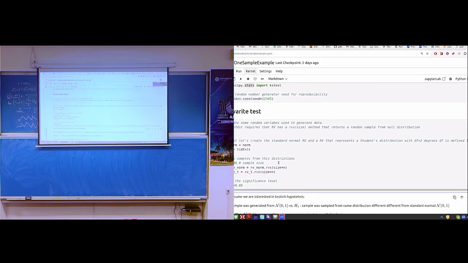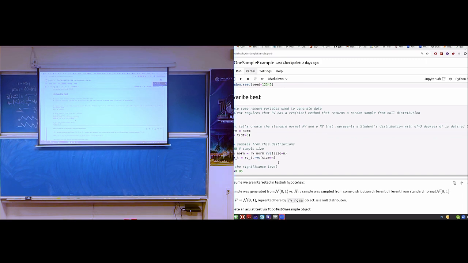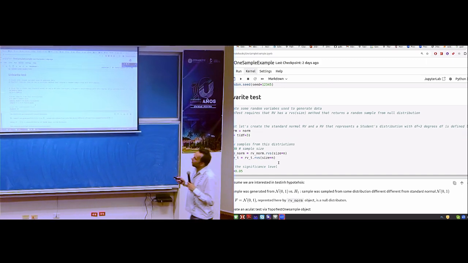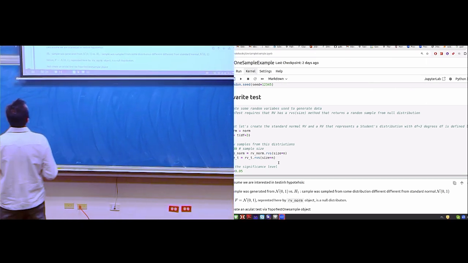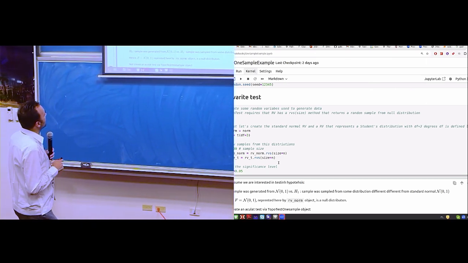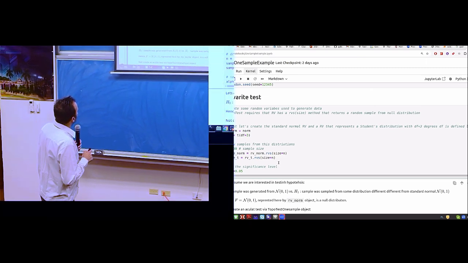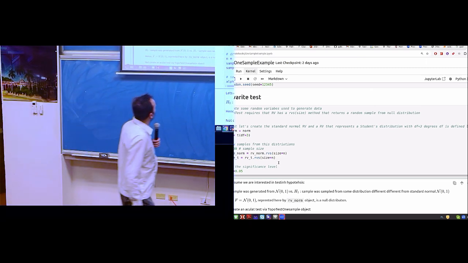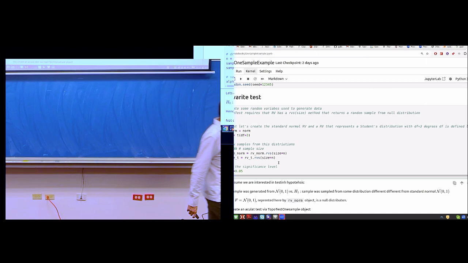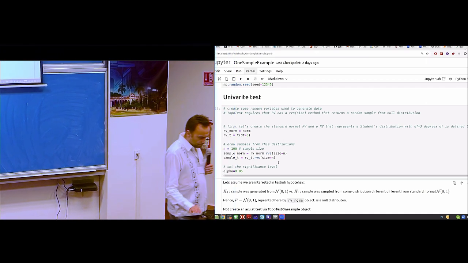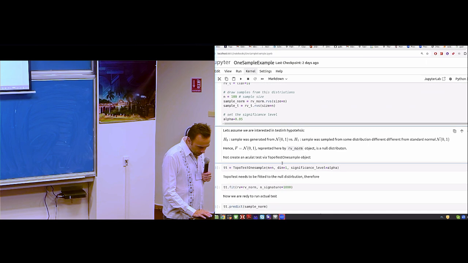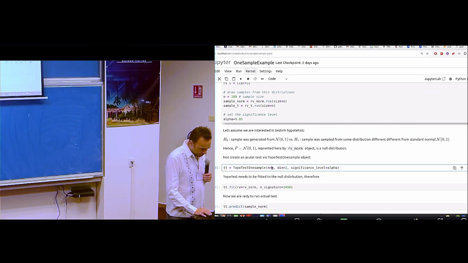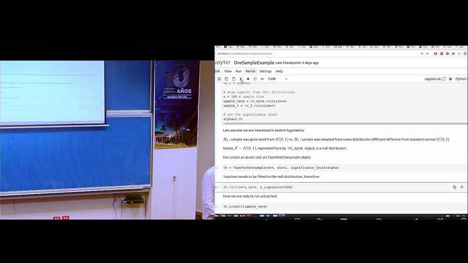What we are doing over here is comparing a standard normal distribution, so we are looking at one-dimensional distributions, with a t-Student with 3 degrees of freedom, sample size 100, significance level alpha equals 0.05. You can read the description of what's going on. So let me fit transform the topo tests.